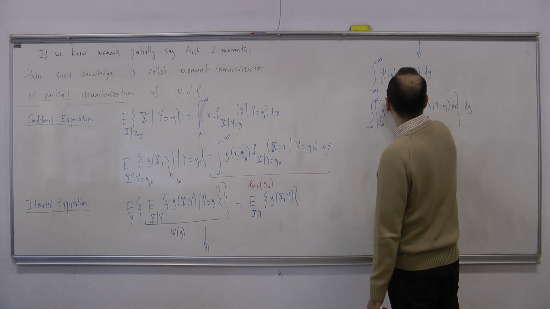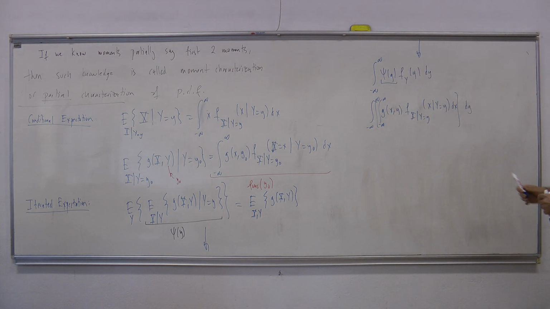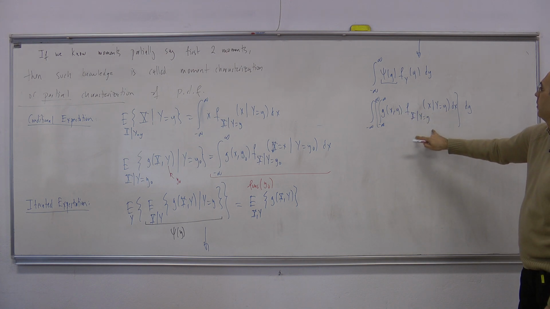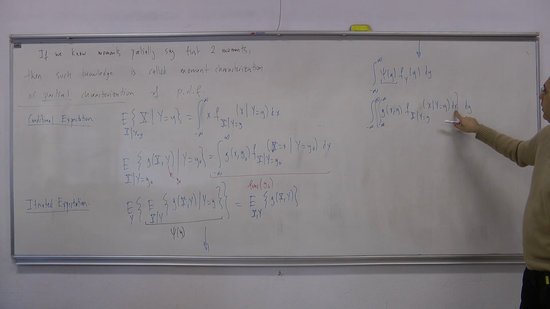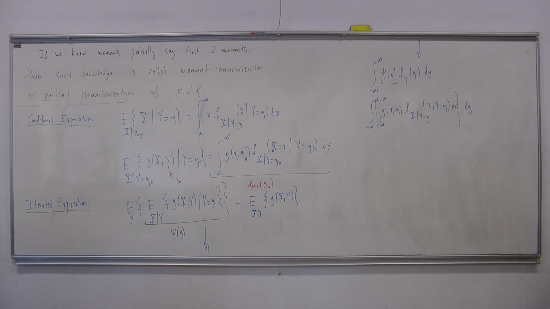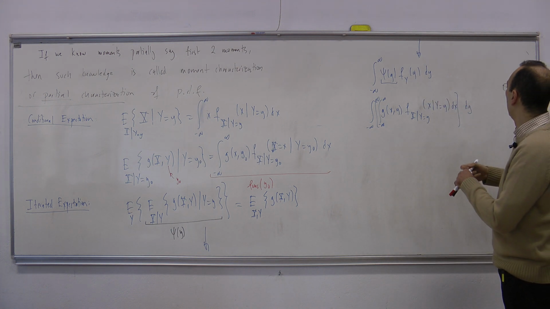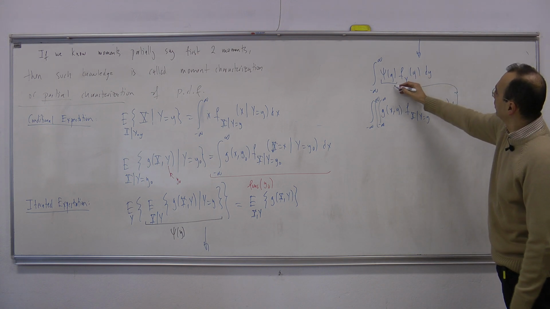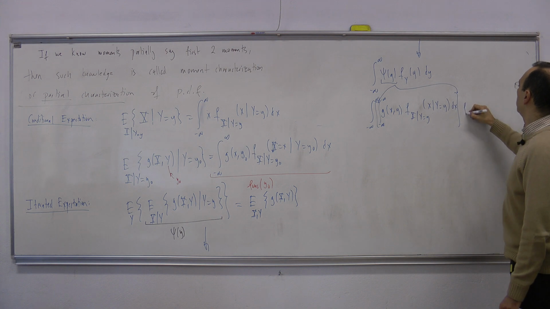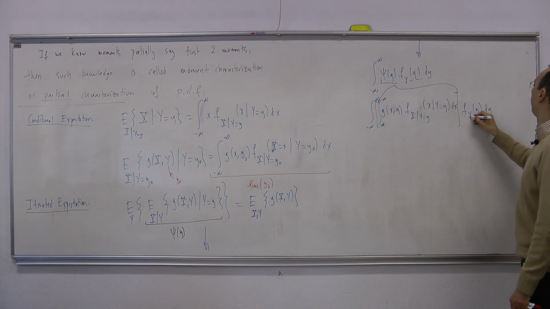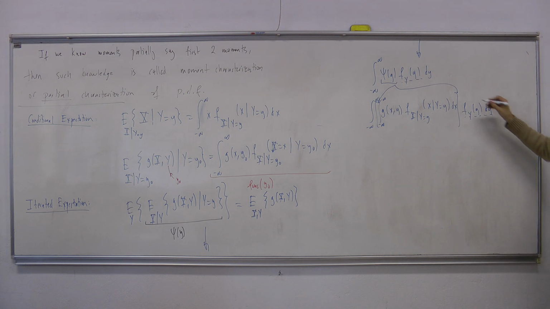This is minus infinity to infinity. So this is the conditional expectation, with the conditional density over the random variable x when capital Y is fixed to small y. That is it. So this is this part, this bracket. So I write the density over here. This is this density, and dy.